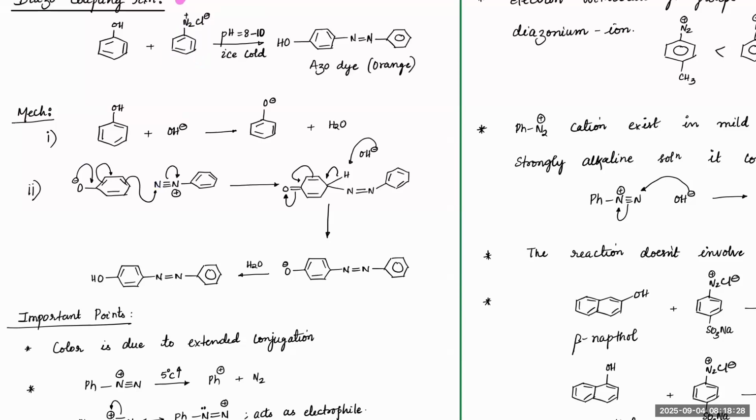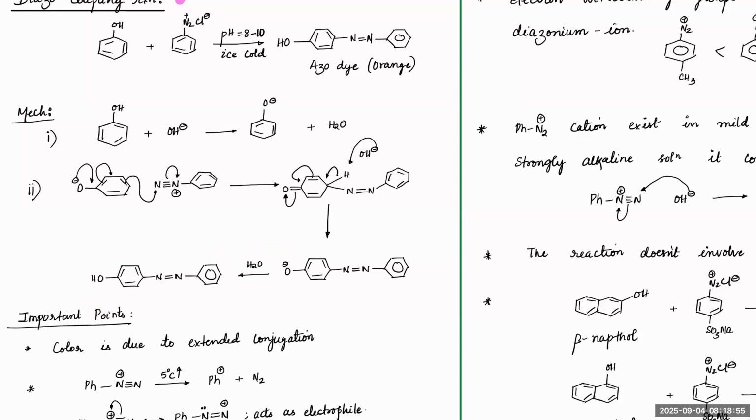So on this nitrogen position, from the para position of phenoxide, you can attack. As it attacks, you will get a hydrogen N double bond N with a phenyl group. And now OH minus can take H plus from here and push here to retain the aromaticity. Thereafter, it can take H plus from water to finally get into this azo form.